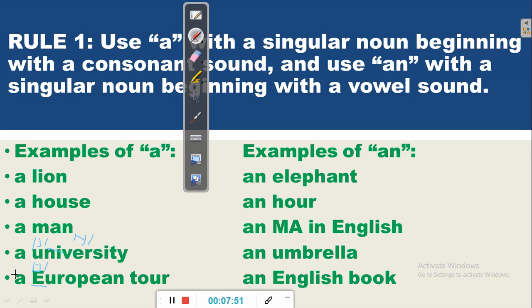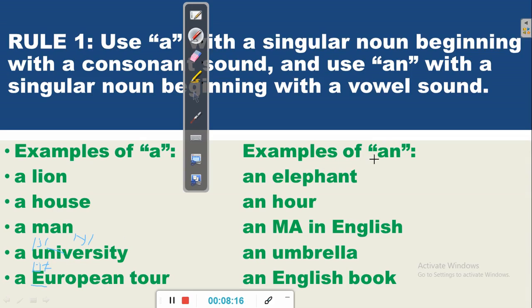So even though we have a vowel letter here, yet what we have is a consonant sound. So where a vowel letter is representing a consonant sound, then we only have to apply the rule of using a when we have a singular noun beginning with a consonant sound.